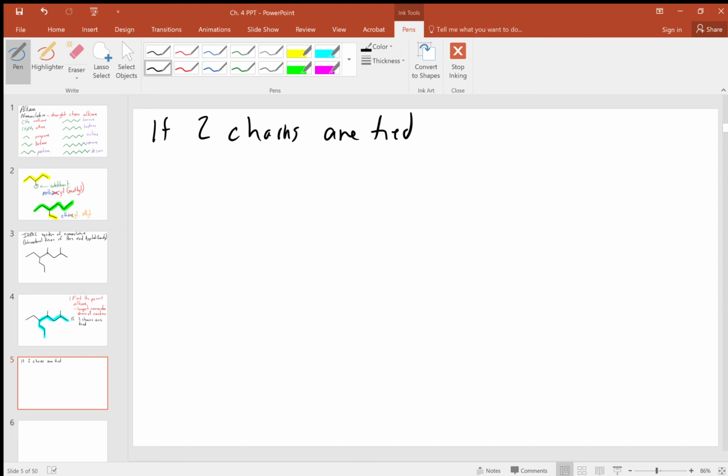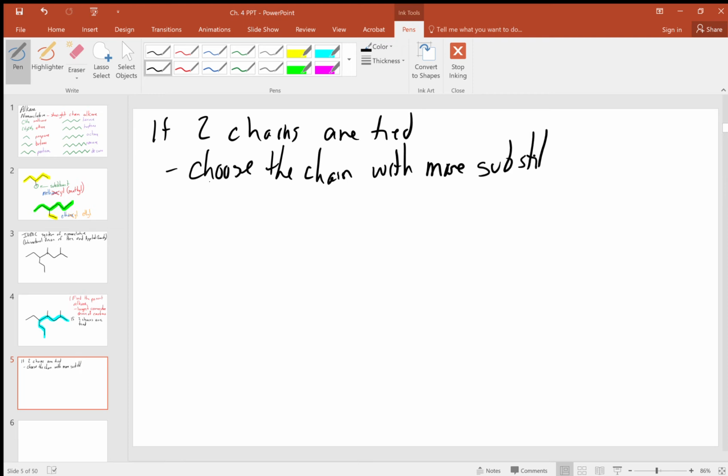The first thing we would use to break the tie is that we would choose the chain with more substituents. And one of the reasons for that, in many cases, the more substituents you have, the simpler your substituents are, and the easier they become to name.